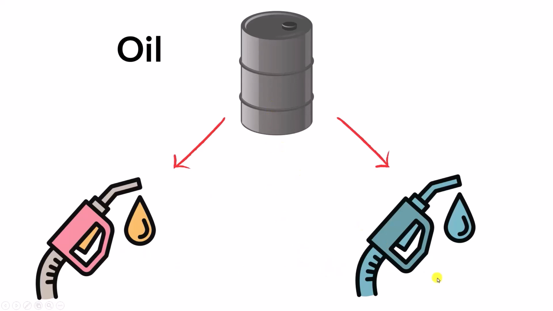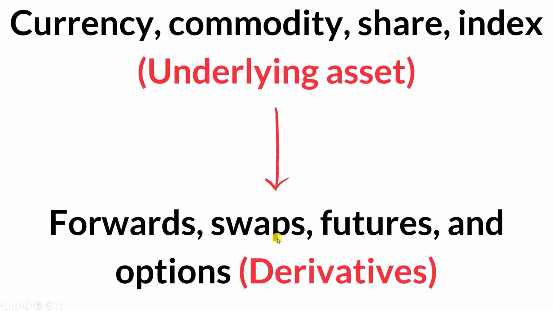And in the same way, forwards, swaps, futures, and options are derived from currency, commodity, shares, and indexes. These are underlying assets.